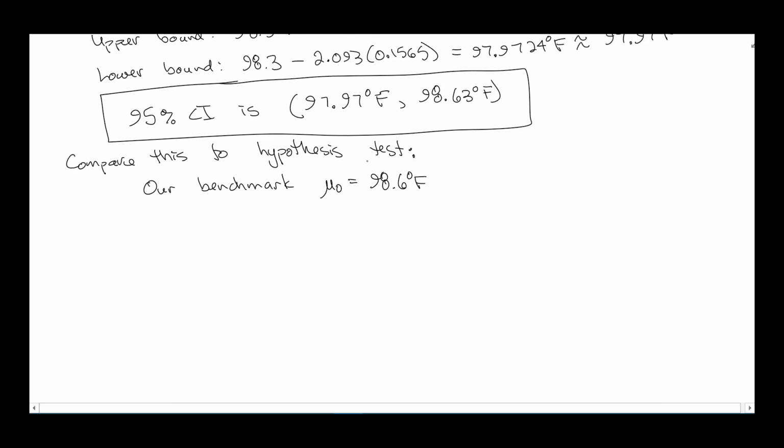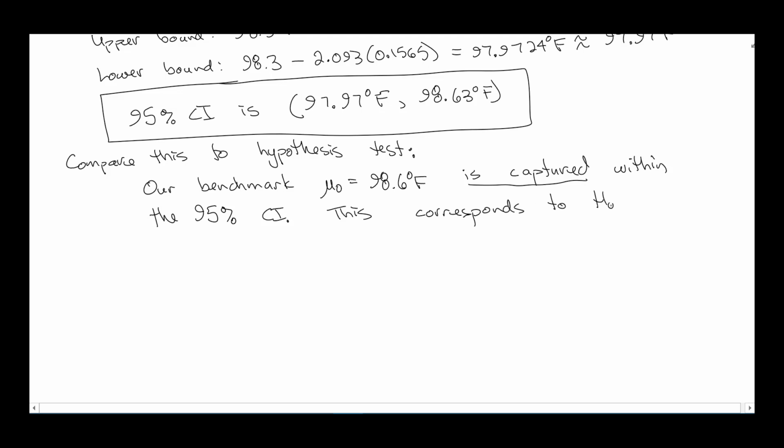This benchmark value is captured within the 95% confidence interval. Okay, and then that is going to correspond to H0 not being rejected at that same confidence level.